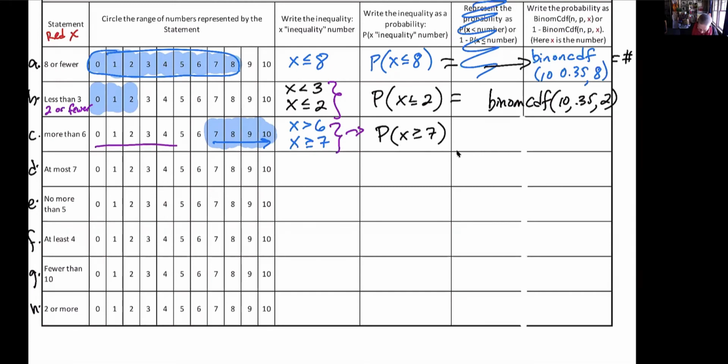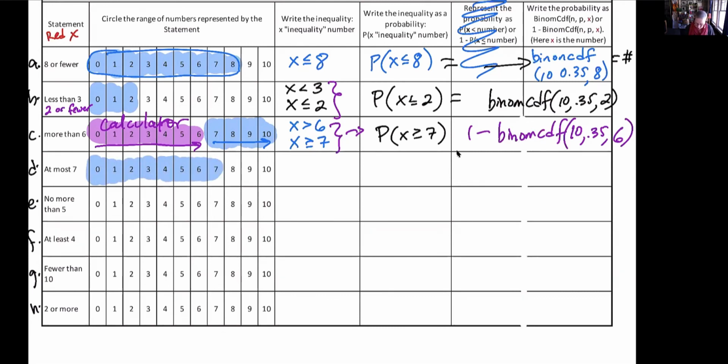So I've got to tell my calculator where to stop. My calculator is going to calculate this, and I'm going to need to use that complement. I'm going to have 1 minus the binomcdf of 10, .35, and not the 7, but the 6. Okay, so at most 7 includes 7, so that's 7 and below.